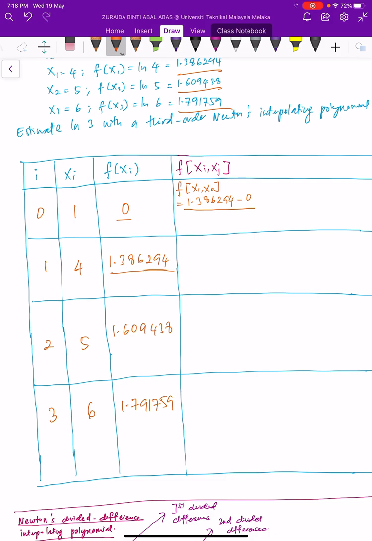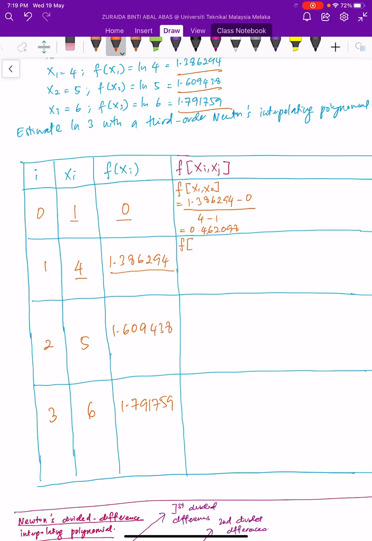Point x1 is 4 minus 1. Therefore, you will get 0.462098.